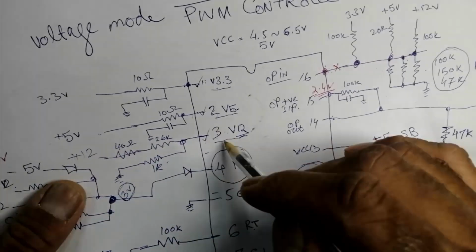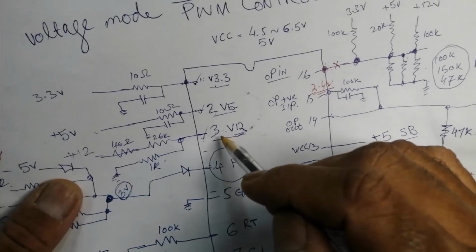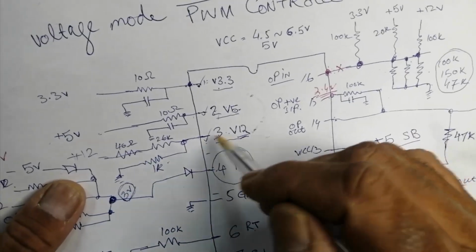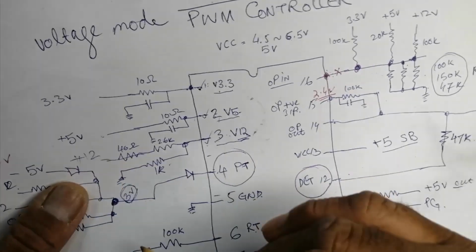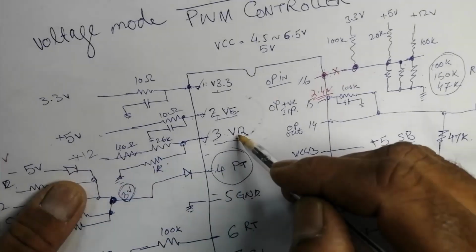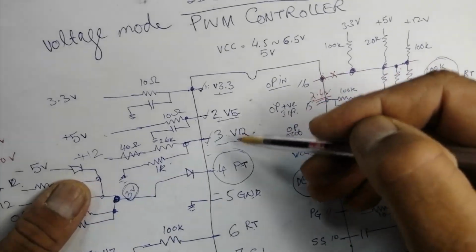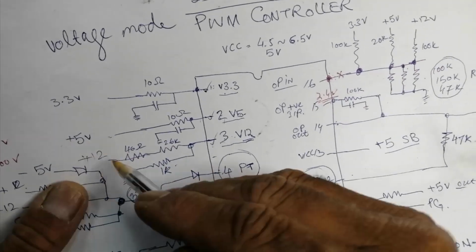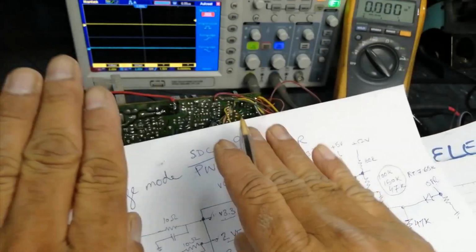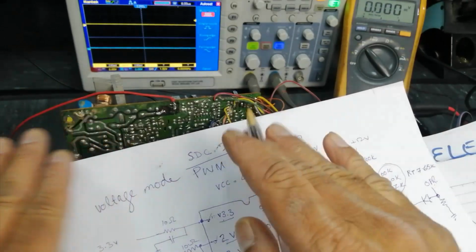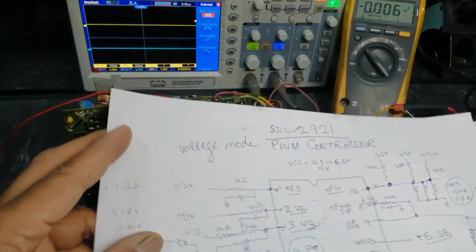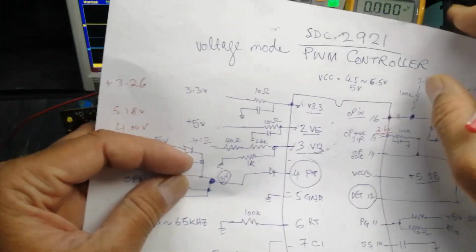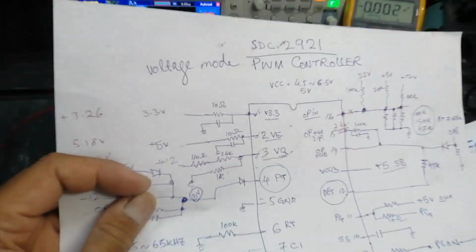If this voltage drops, suppose to 3 volt, that means the voltage will be around 9 volts. If here it goes to 4.5 volt, that means this output is increased. So it will proportionally increase or decrease. So this IC will detect whether the function is within range or out of range.